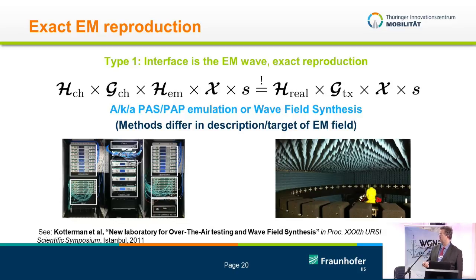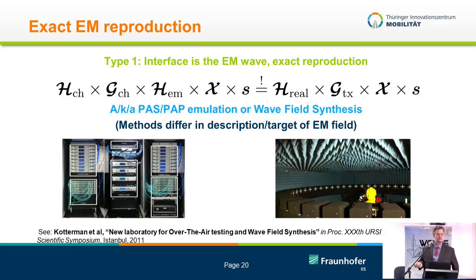So the receive signal that you pick up with the antenna will be identical. This is basically wave field synthesis, or in a slightly different variation, it's also known as power angular spectrum or power angular, what was the other P? Power angular, I forgot. Yeah, spectrum is the P, and P was profile, I think.